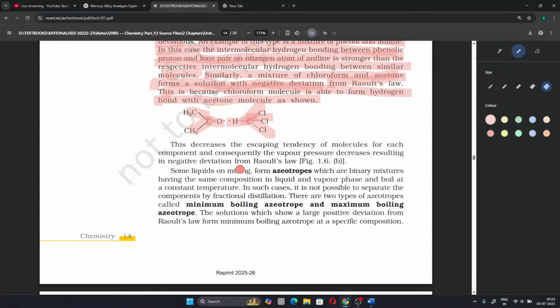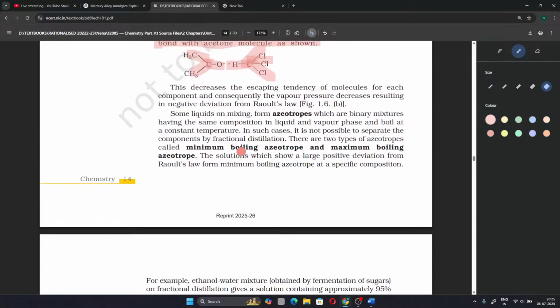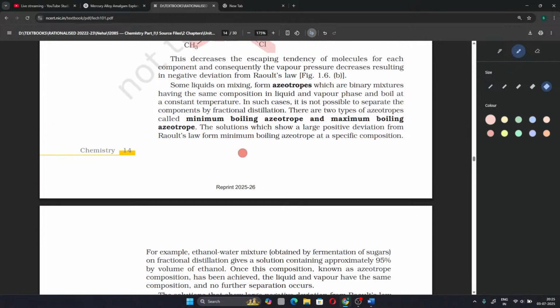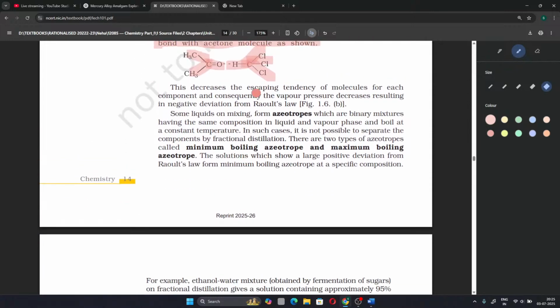Due to this, they show negative deviation because it increases the interaction forces and decreases the vapor pressure. This decreases the escaping tendency of molecules for each component, and consequently the vapor pressure decreases, resulting in negative deviation from Raoult's law.